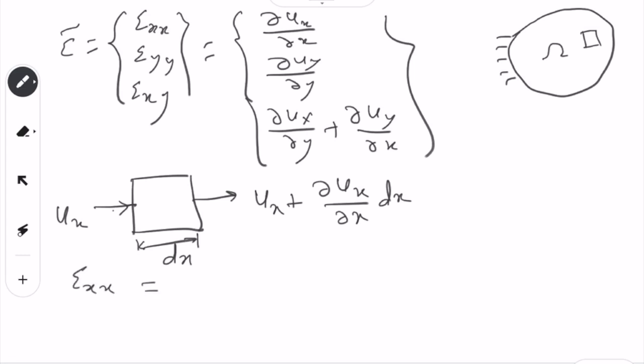It will be equal to change in length over length. See here displacement is ux, there displacement is ux plus this much.